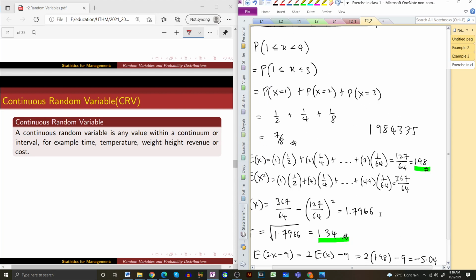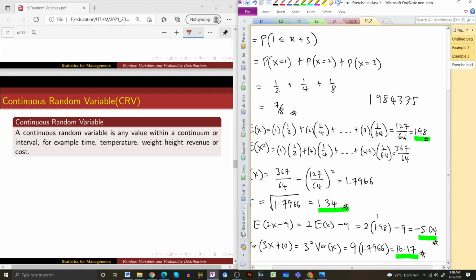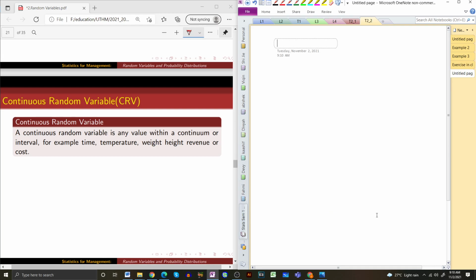All right, so I suppose we're done here. We are done with discrete now. Let us recall: remember I told you a random variable can be split into two, one is discrete, one is continuous. In discrete we have the probability distribution function, normally written in a table.